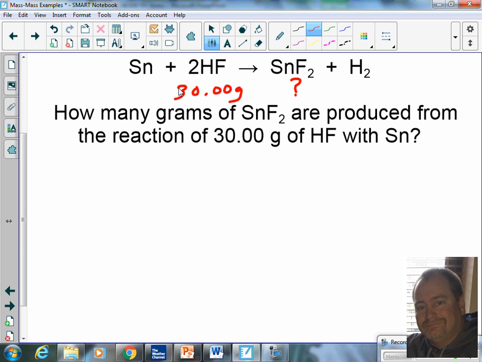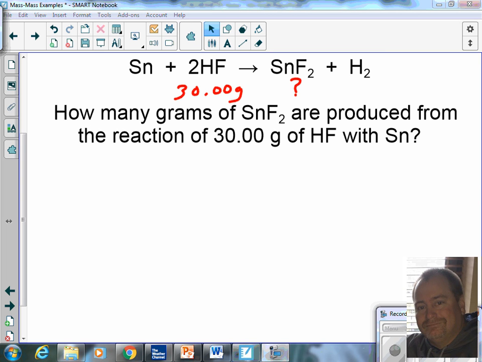Step 4 tells me to do what? Determine the molar masses, correct? You know how to do that. I'll give you a second. Go ahead. Determine the molar masses of those 2 substances. Okay. The molar mass of hydrogen fluoride was what?